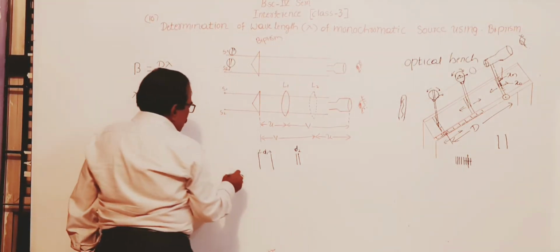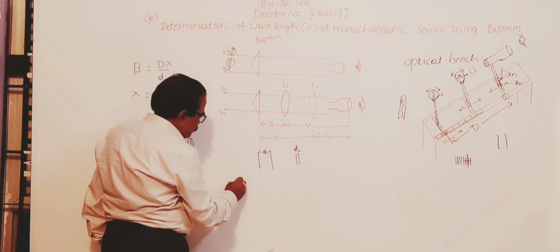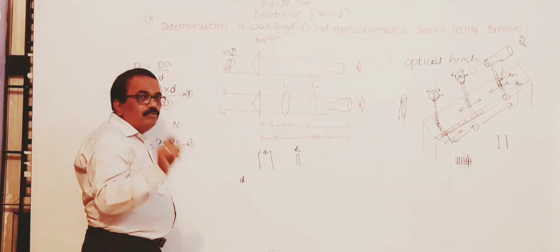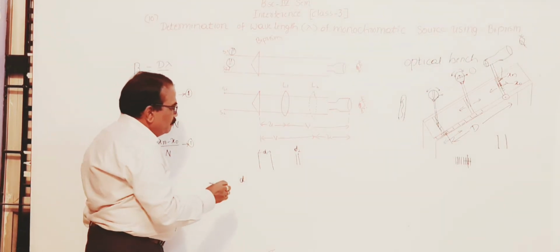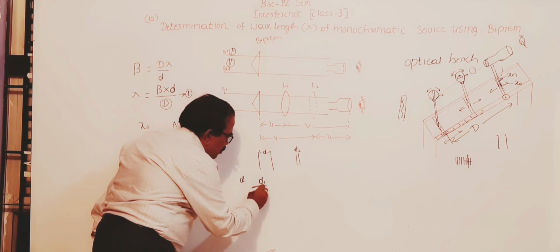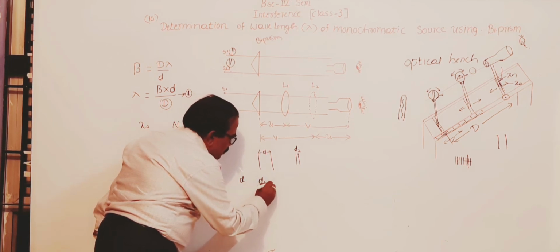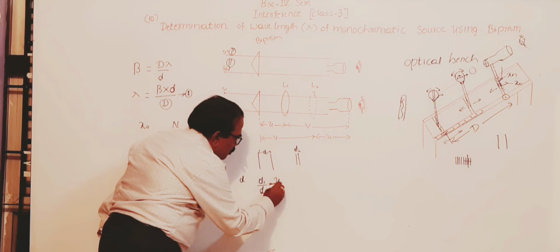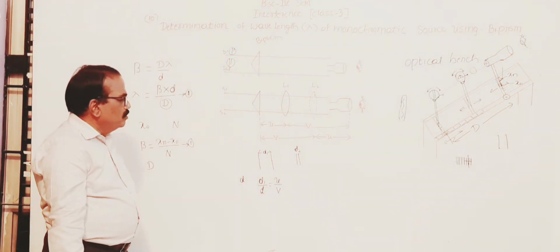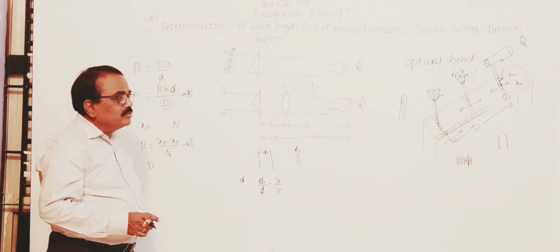If d is the actual distance between the images, then d1 upon d in the first case will give u by v. What is u? Object distance and image distance.